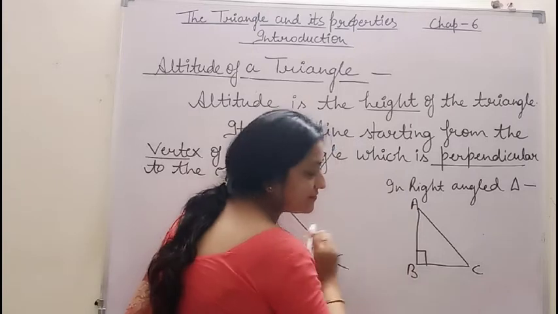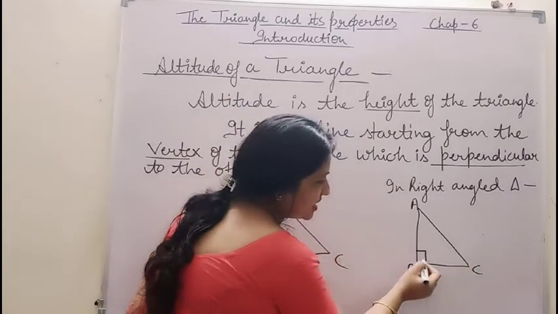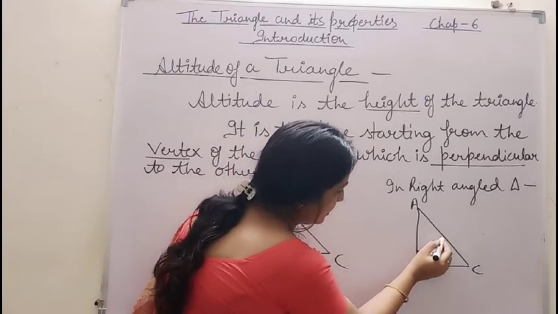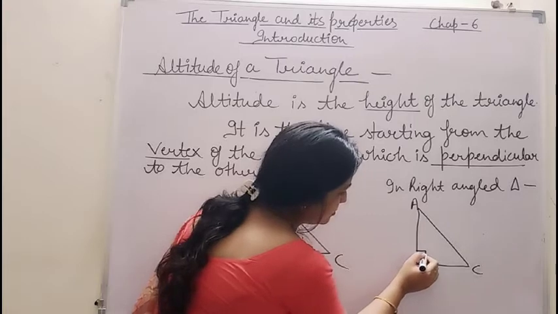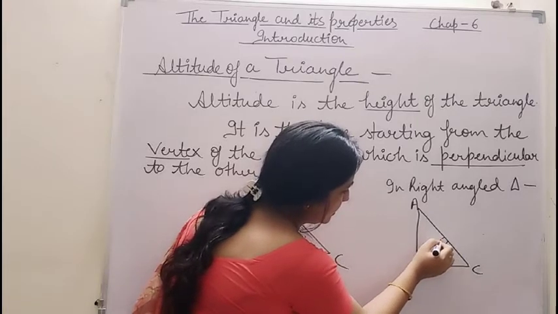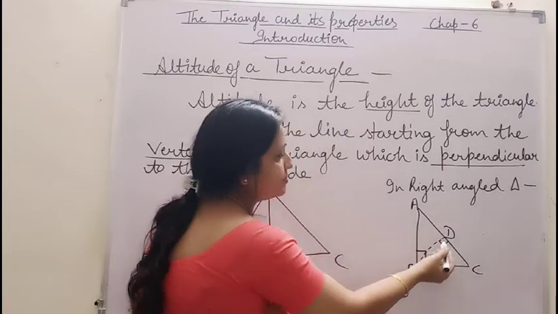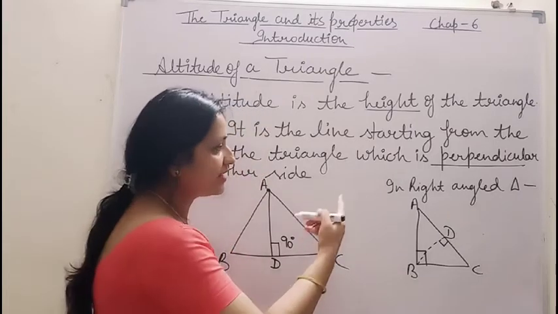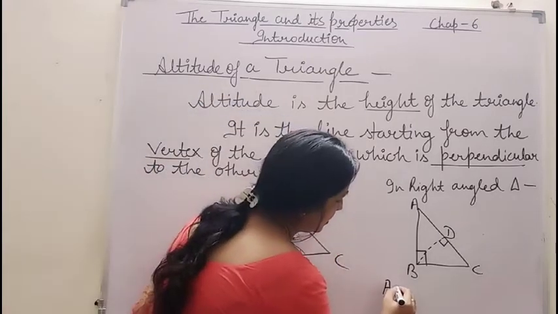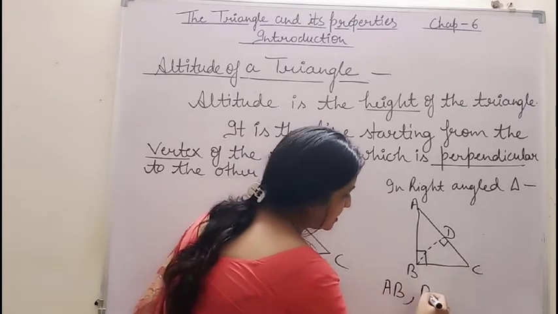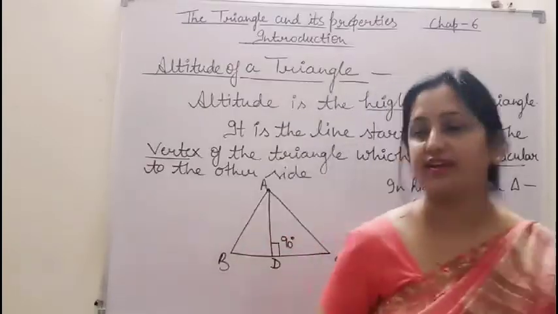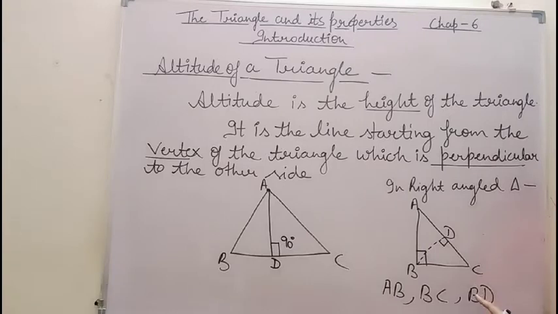So here AB is itself an altitude, BC is an altitude of line AB, and if we draw a line from that point, we start from that point. Again give it a name, suppose D. So BD is an altitude of this triangle. So in this triangle there are three altitudes: AB, BC and BD. In a right angle triangle, AB, BC and BD are the three altitudes of this triangle.